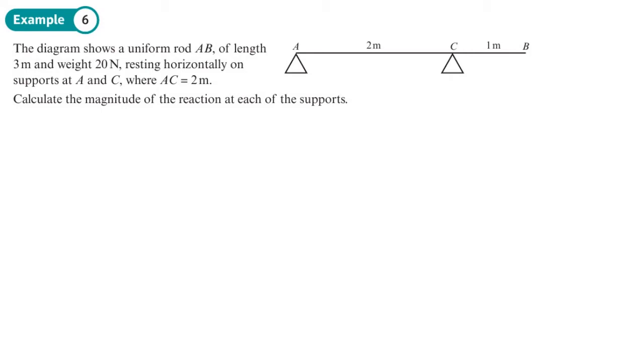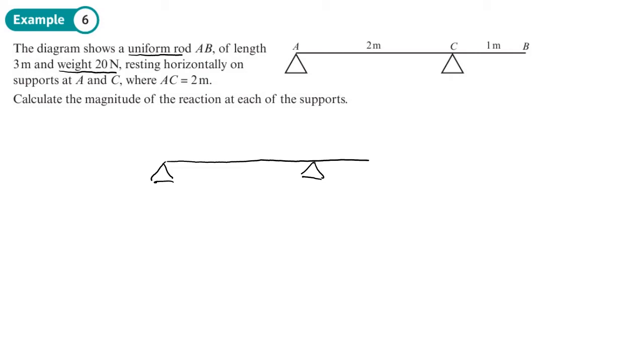Right, so with a question like this, I always start by drawing on any forces that we have. So we've got the full length of the rod. It tells us that it's uniform, and the weight is 20.